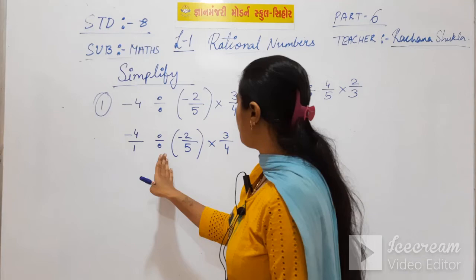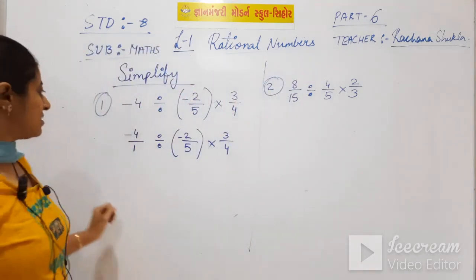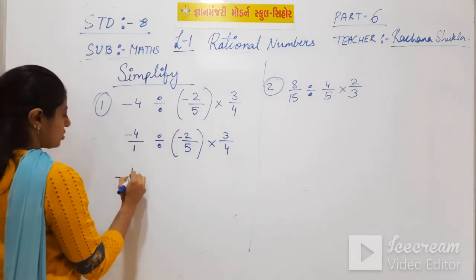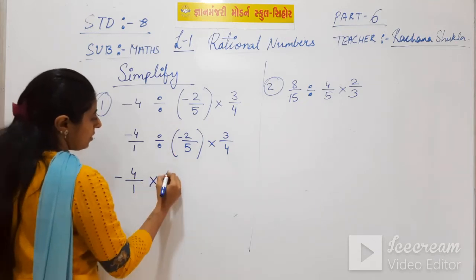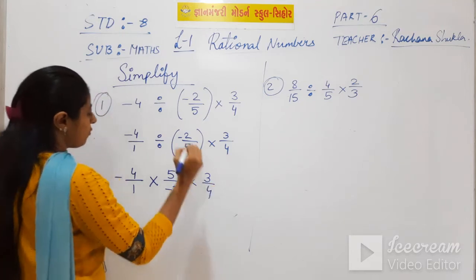So you will divide these both terms. For dividing, you have to put the reciprocal of this. It goes like minus 4 upon 1 multiplied by 5 upon minus 2 into 3 upon 4.